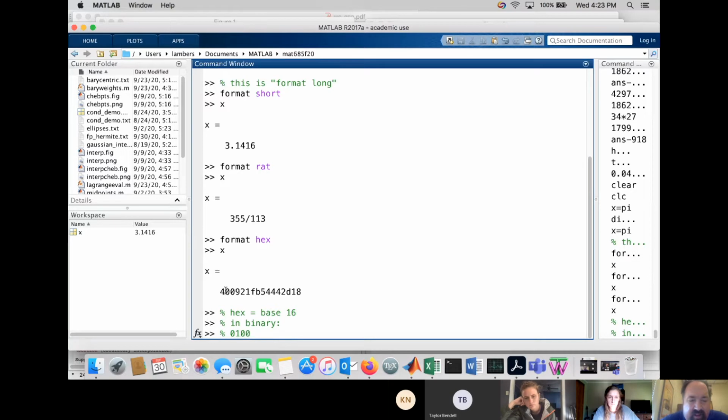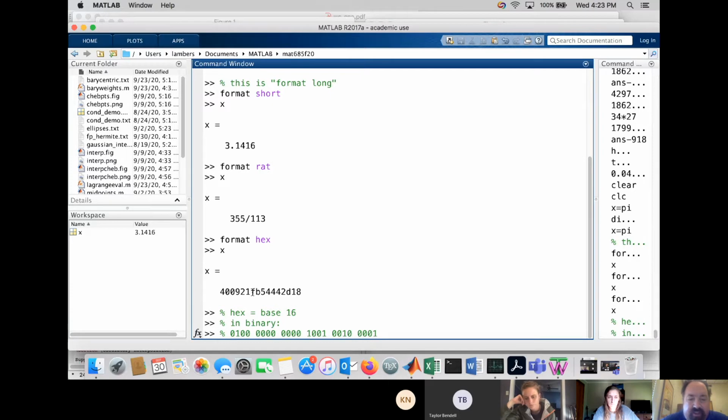Then these next digits are all zeros. And then this next one is 9, so that would be 1, 0, 0, 1. So 2 cubed plus nothing, plus 2 to the 0, which gives you 9.